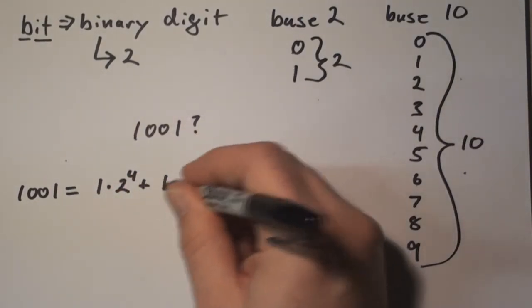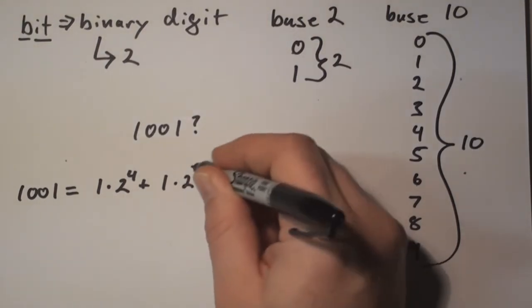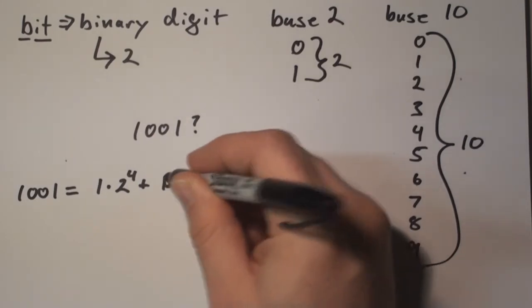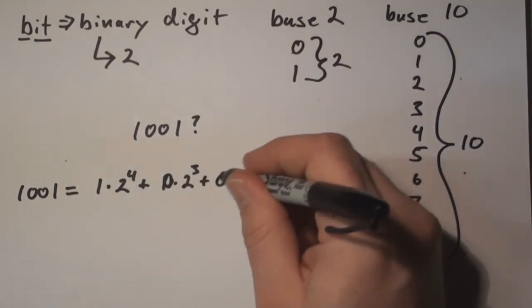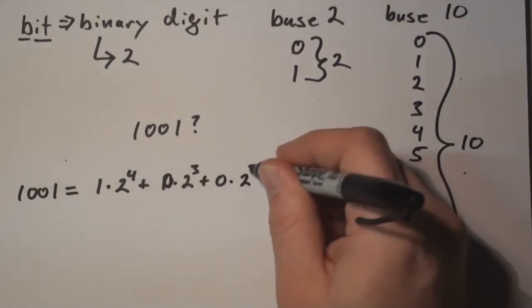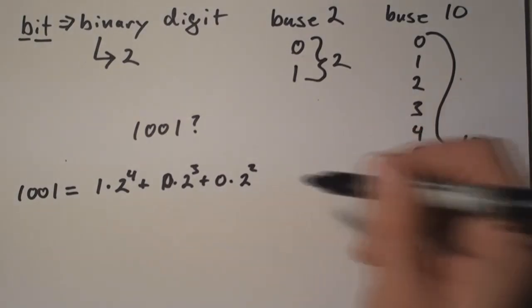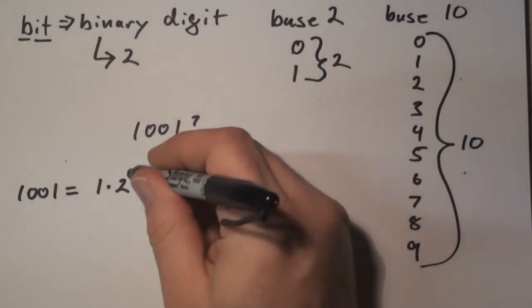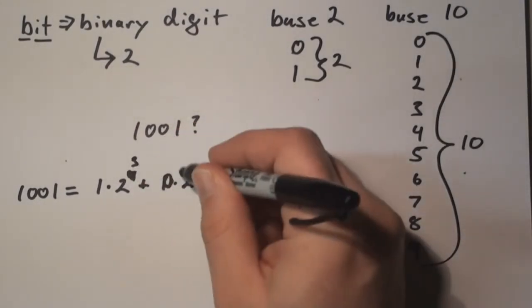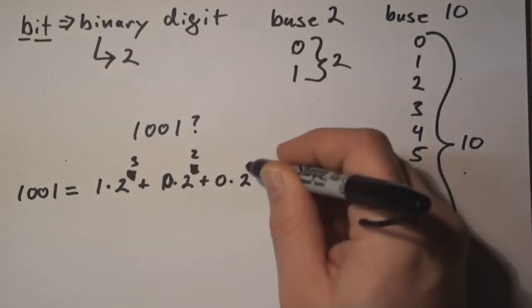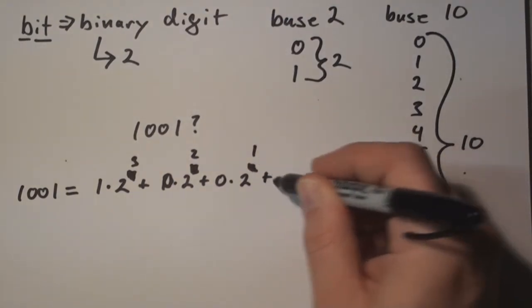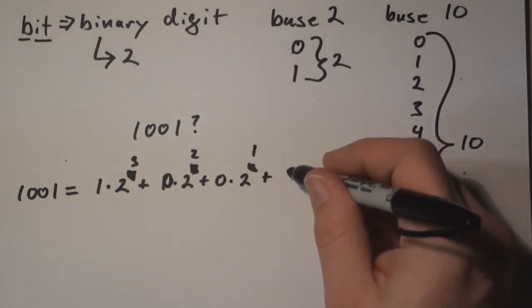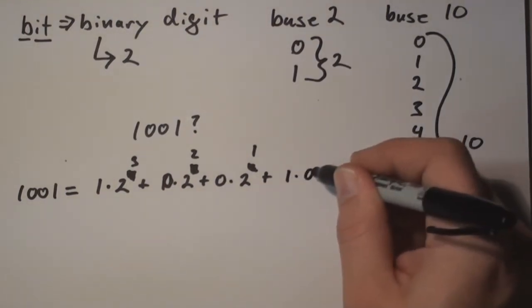Oops, we better just start over on this one. 2 to the power of 3, 2 to the power of 2, 2 to the power of 1, plus 1 times 2 to the power of 0.